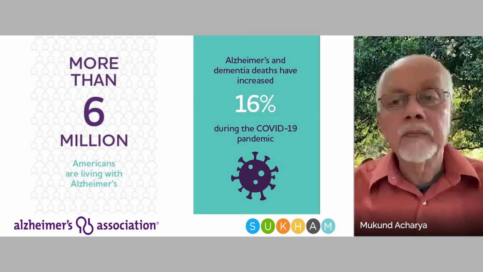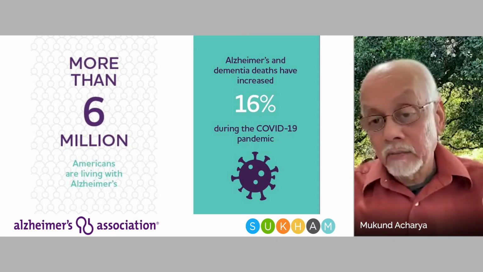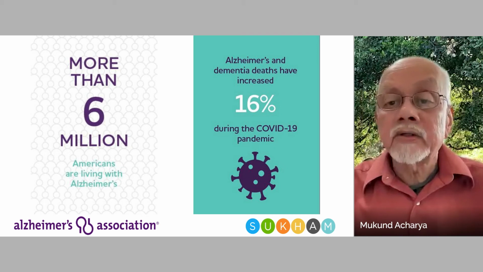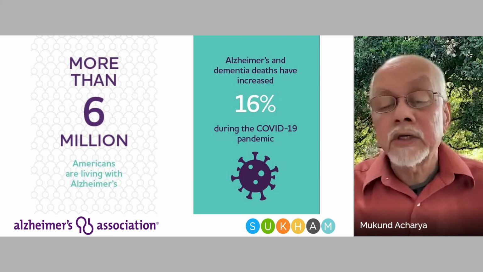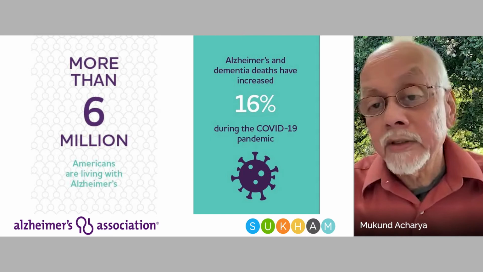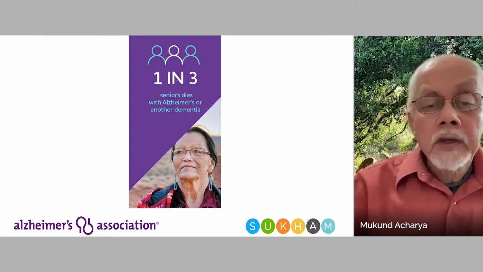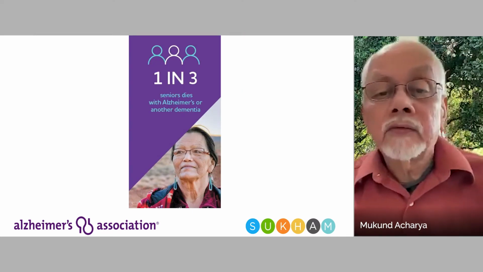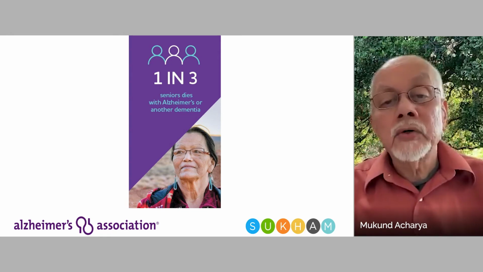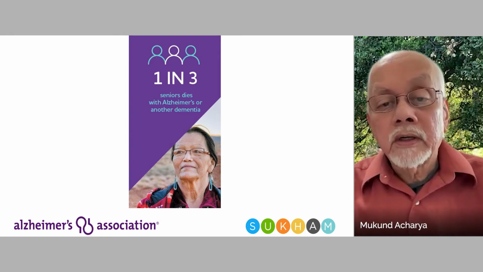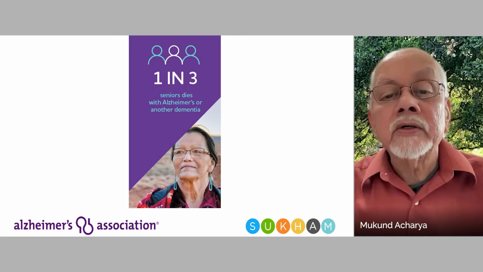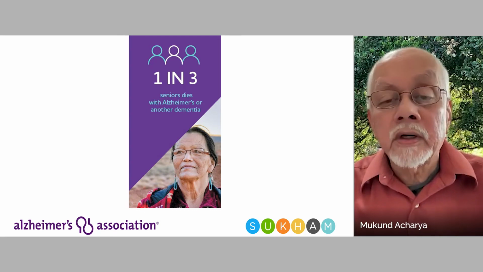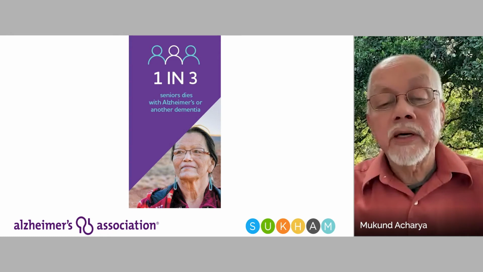But what is surprising is that over the past 2 years and through the pandemic, deaths related to dementia and Alzheimer's have increased 16%, which is much higher than, leaving deaths due to COVID aside, deaths due to other illnesses. Right? 1 in 3 of people who are over 65 is going to die with a cause related to either Alzheimer's or some other form of illness leading to dementia.